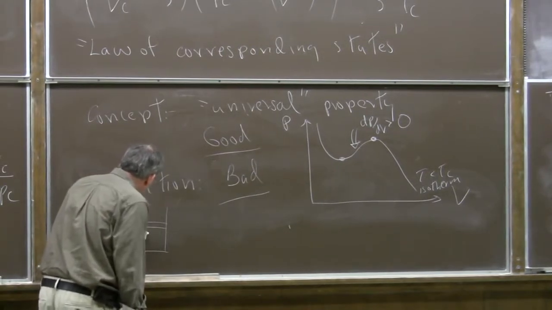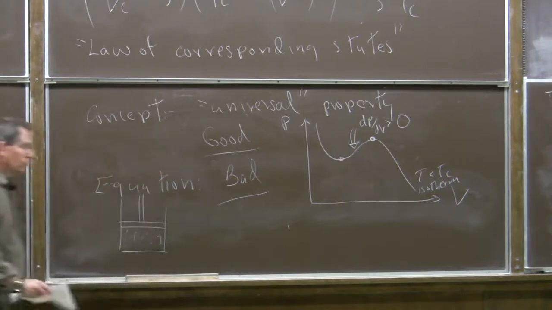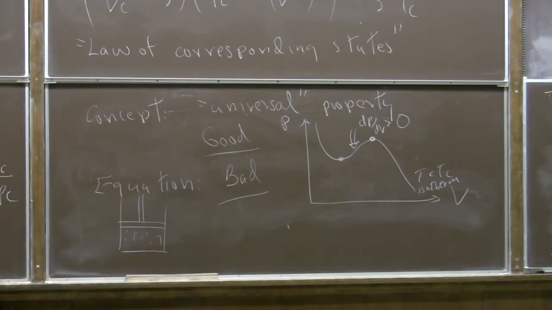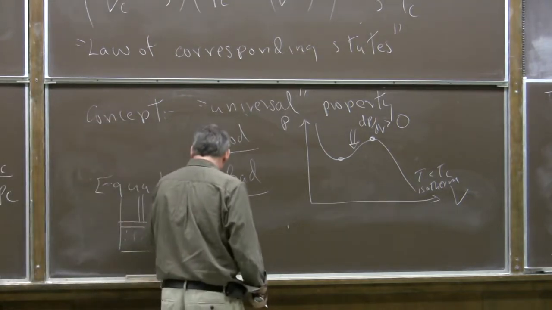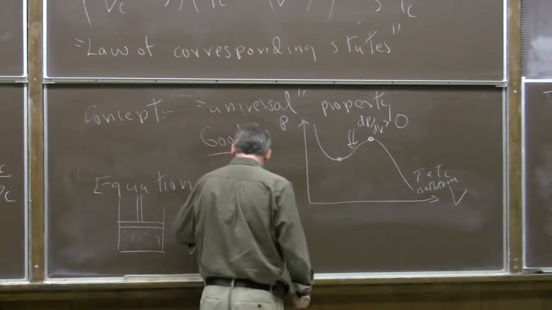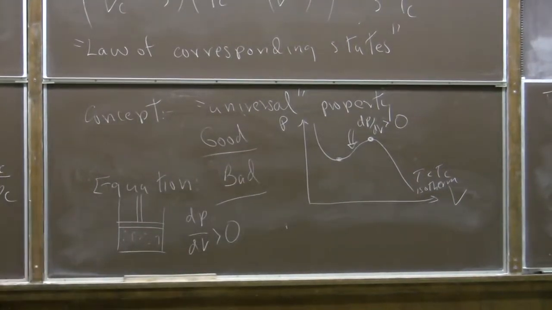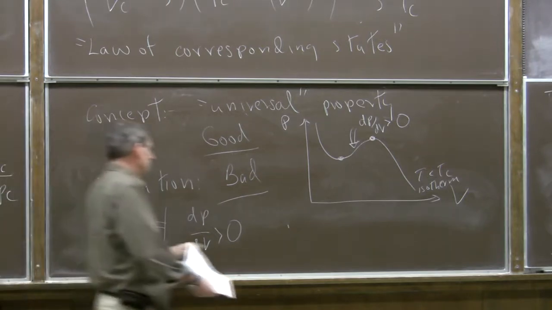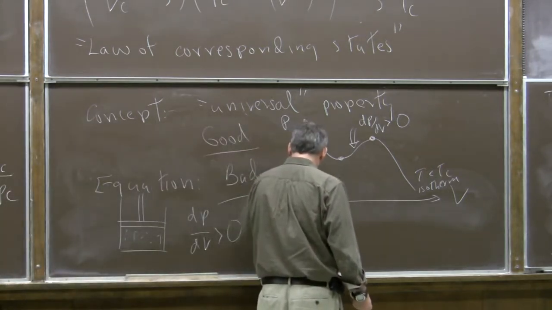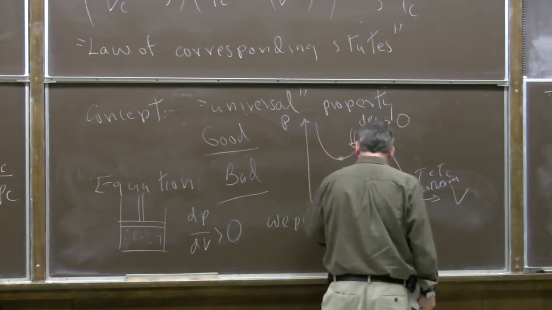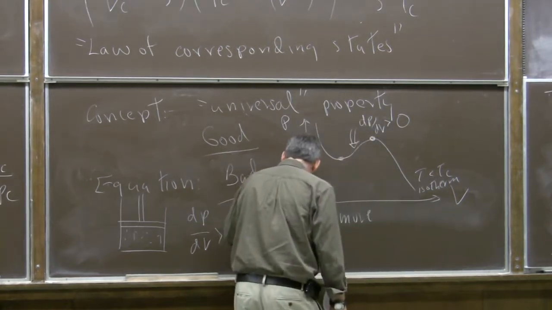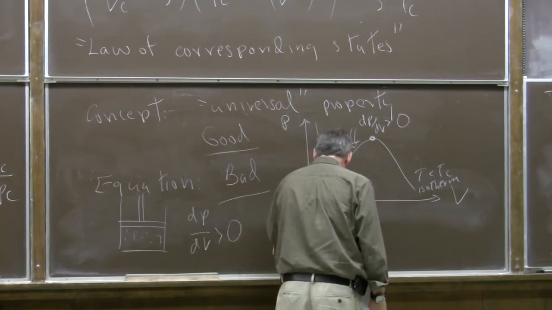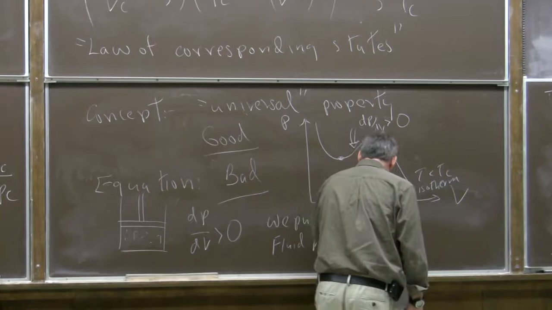So we have a fluid and we're pressing down on it, reducing its volume. Normally, as we compress it, the pressure goes up. If dP/dV is actually positive, the more we compress it, reducing the volume, the more the pressure goes down. Now we push harder and harder on the fluid, and it pushes back less and less. So we push more, fluid pushes less, so it's unstable.